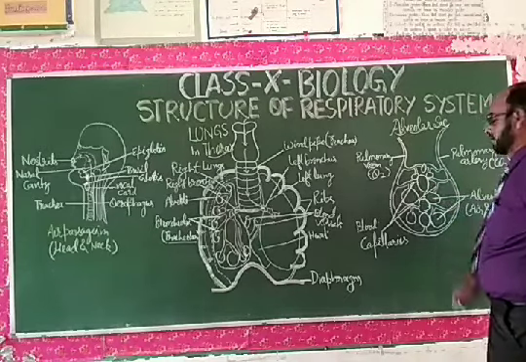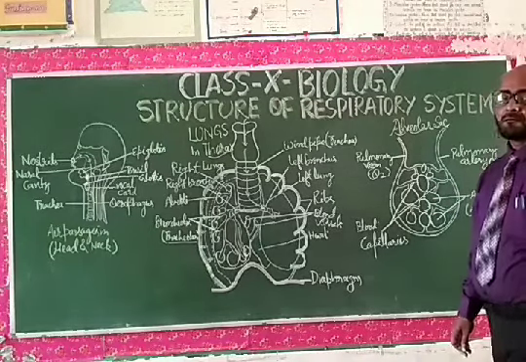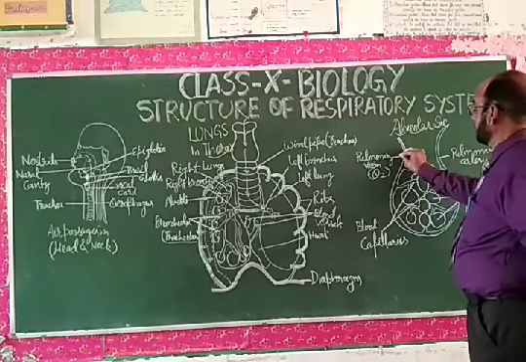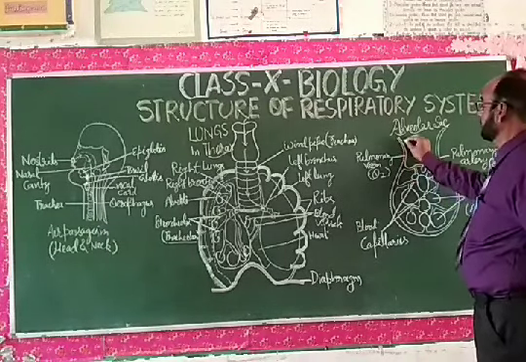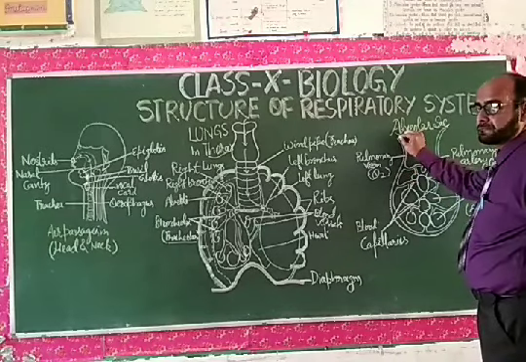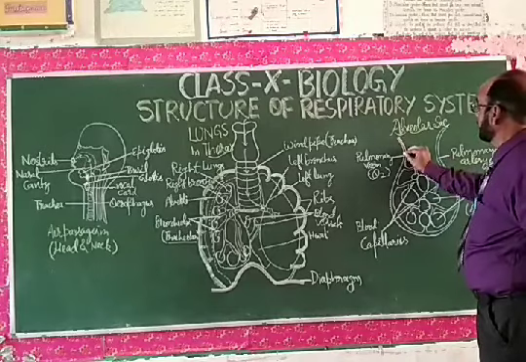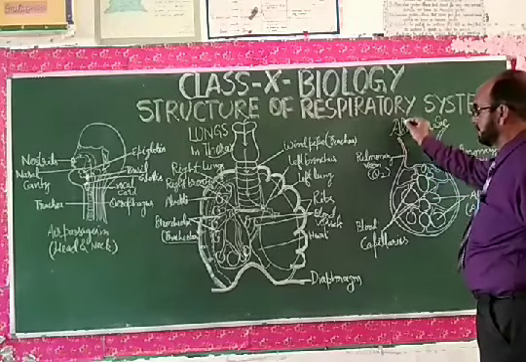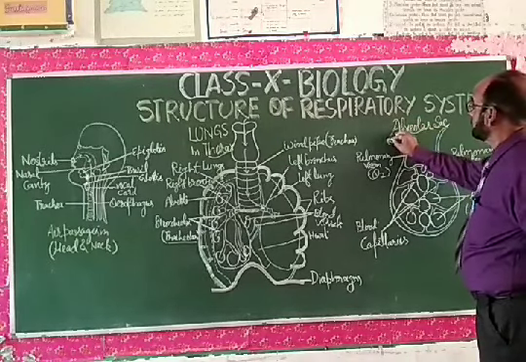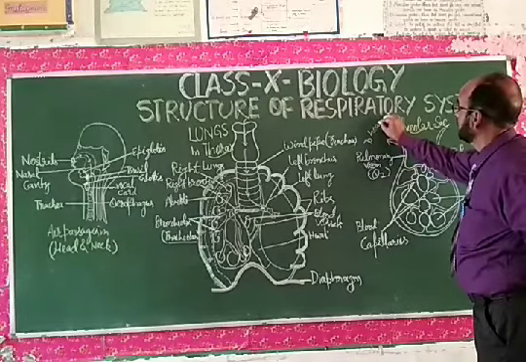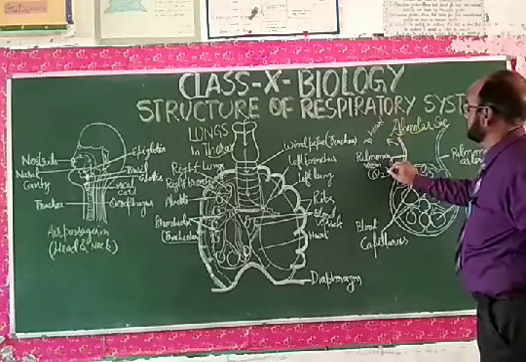blood capillary. My dear students, one thing I would like to highlight here, that the pulmonary vein, which is going from the lung to the heart, is carrying oxygenated blood.